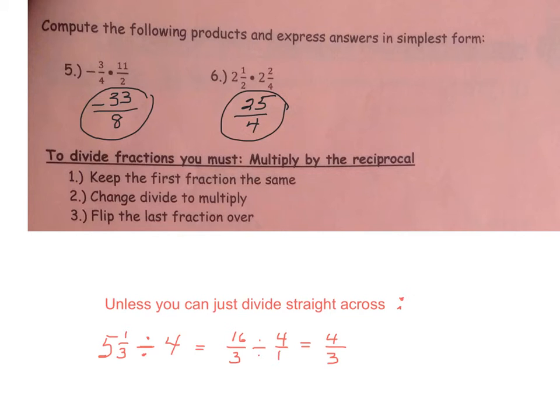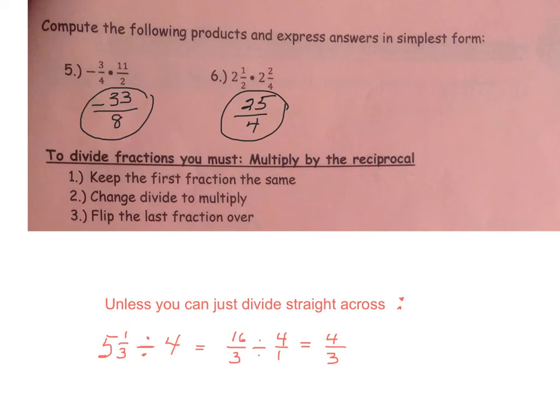Now, on the next part, to divide fractions, you must multiply by the reciprocal. And please, I made a note down here, you don't always have to. If you could just divide straight across, you would do that. We'll look at that example. For example, say you had 5 1/3 divided by 4.